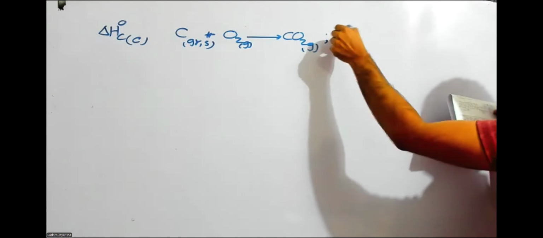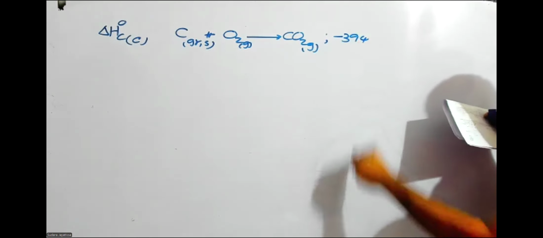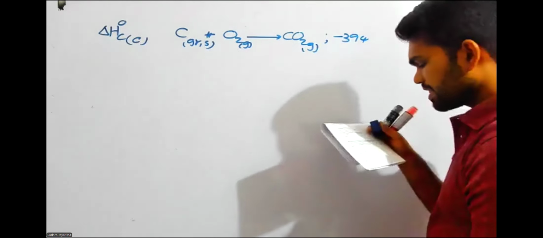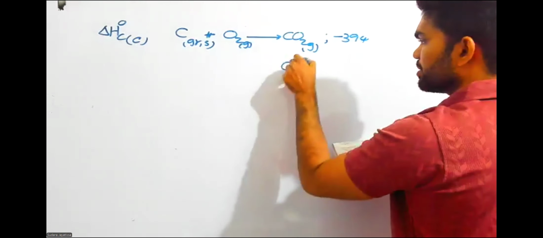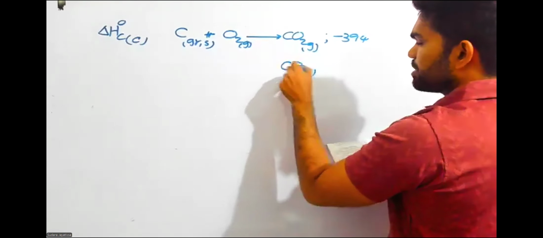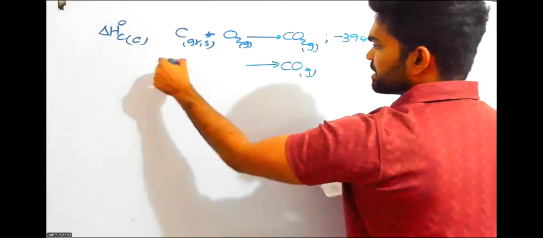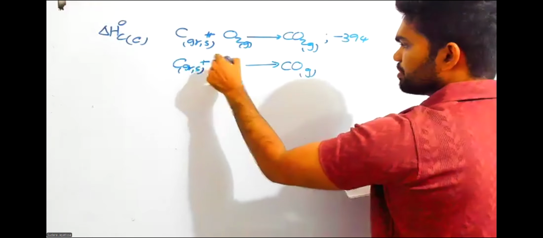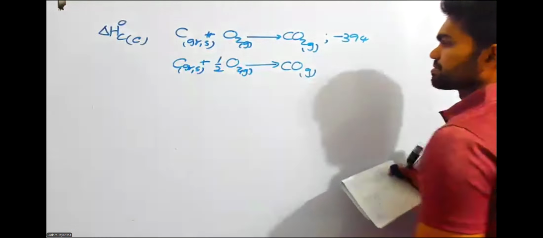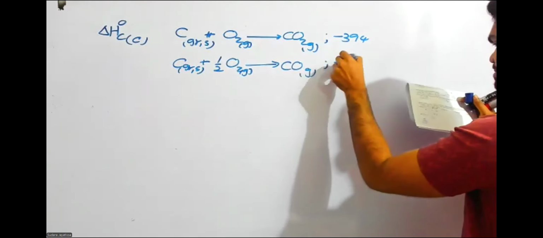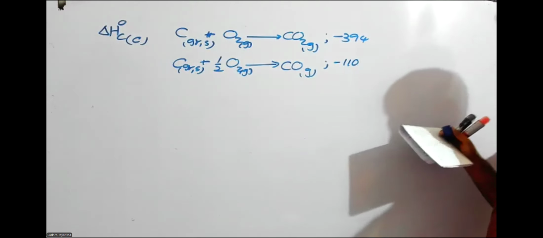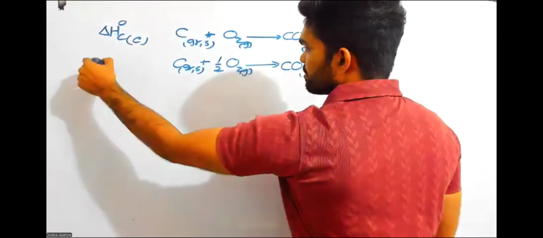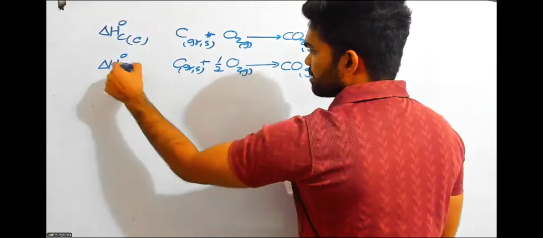The enthalpy change is minus 394. And the next one, formation of carbon monoxide. The reference element is graphite solid, and you need half oxygen. The formation enthalpy is minus 110.